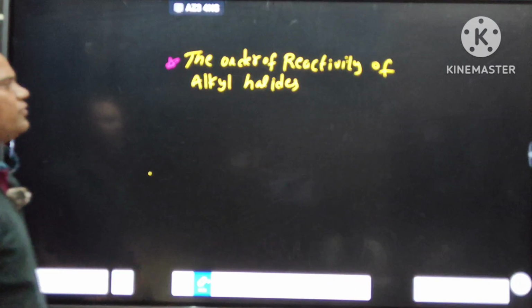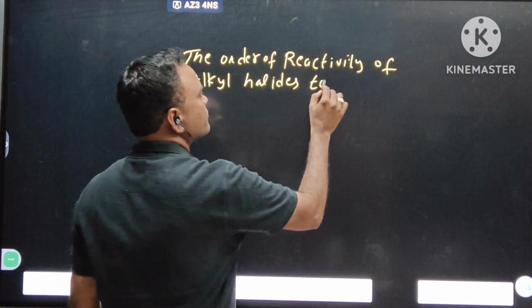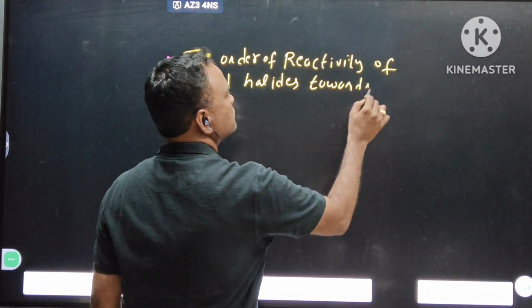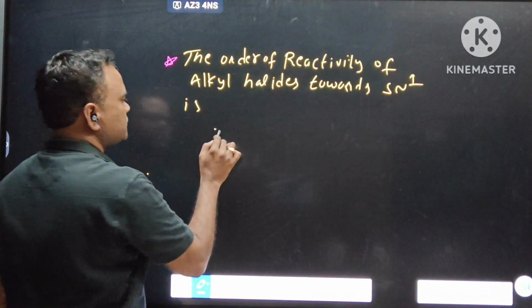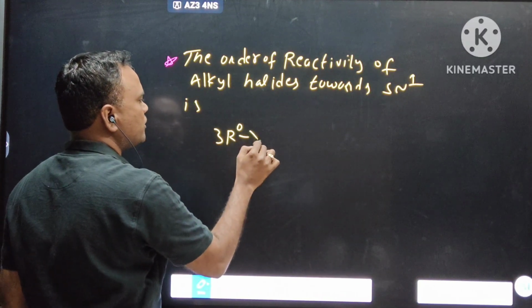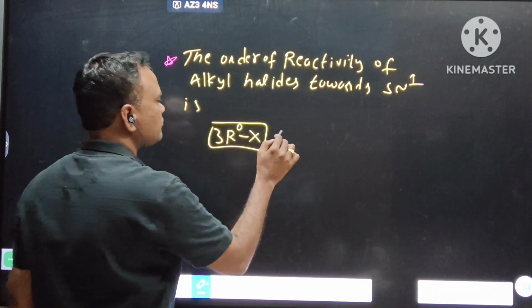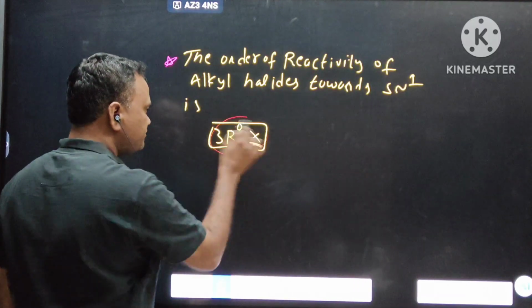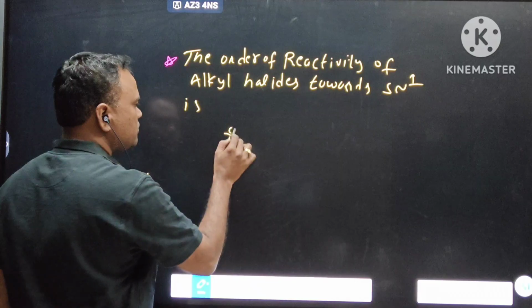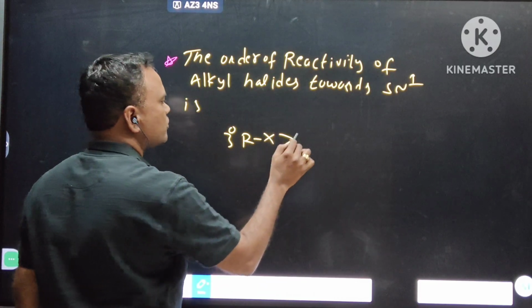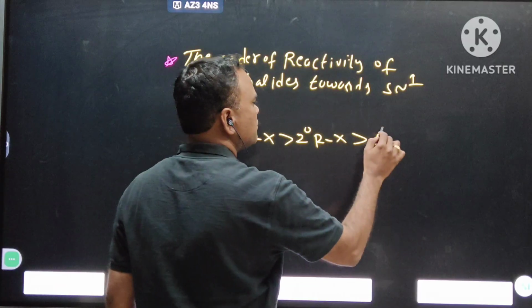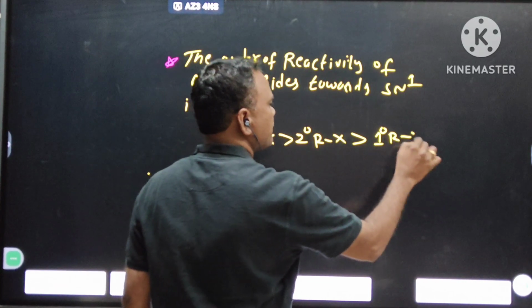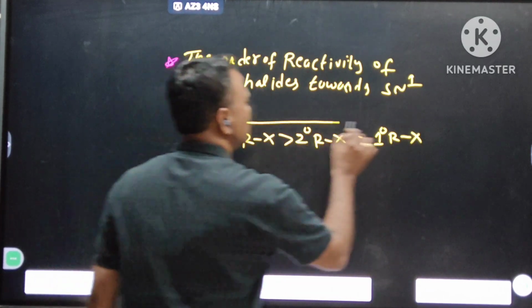The order of reactivity of alkyl halides towards SN1: 3 degree alkyl halides are more reactive than 2 degree alkyl halides. 2 degree alkyl halides are more reactive than 1 degree alkyl halides.